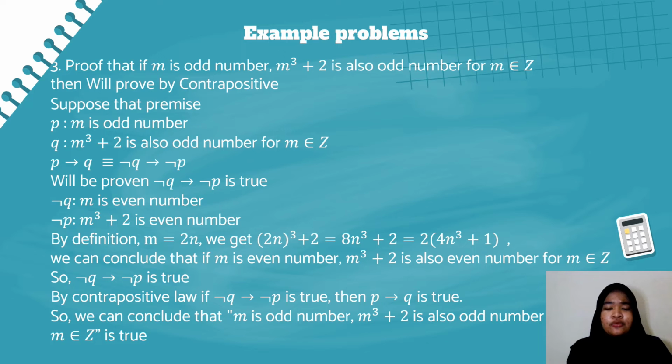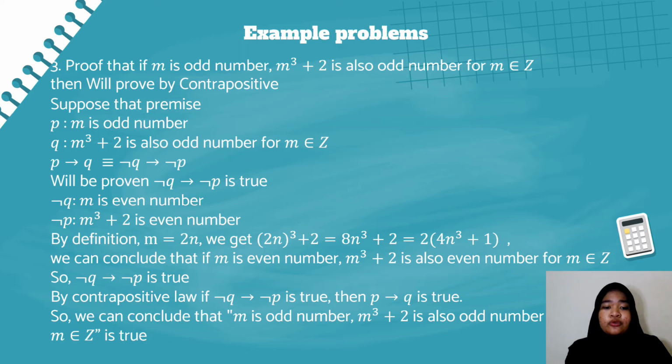We get (2n) power 3 plus 2 is equal to 8n power 3 plus 2. We can change it to be 2 times (4n power 3 plus 1).